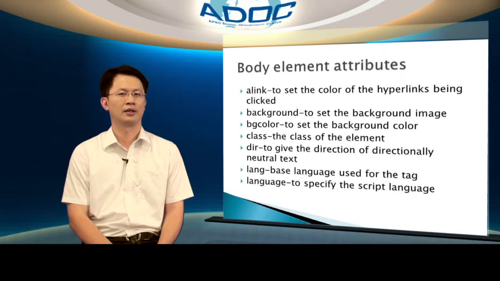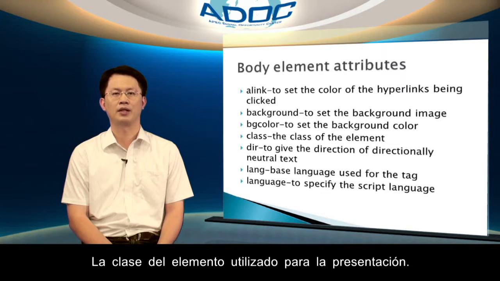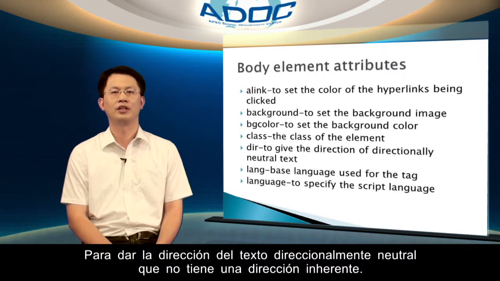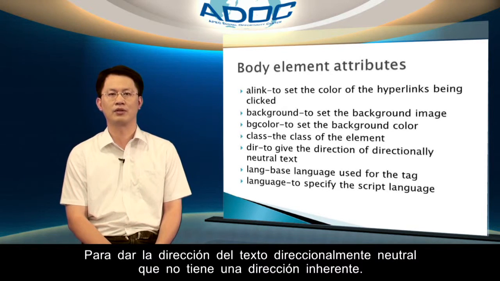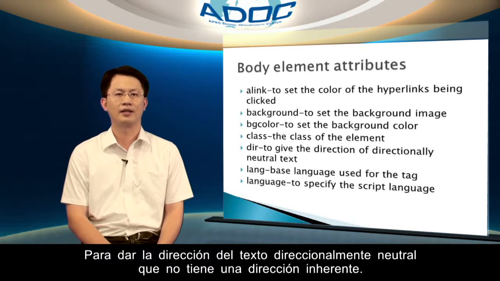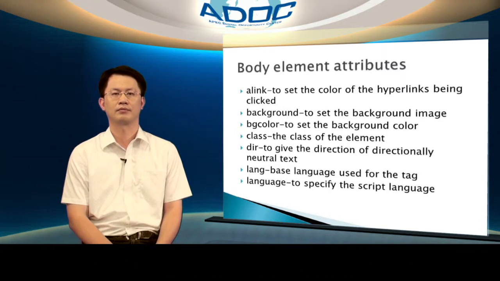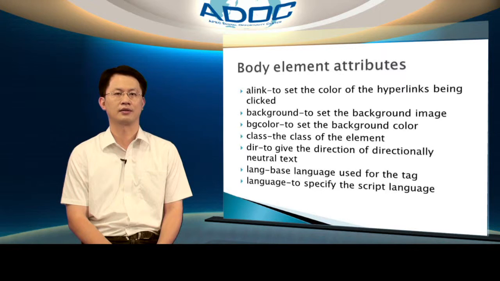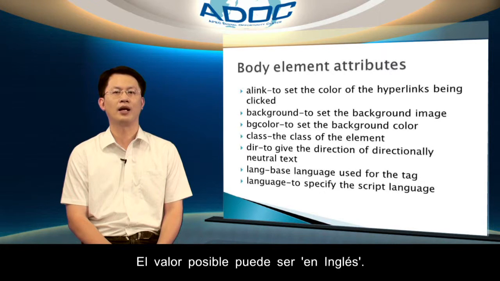Class, the class of the elements used for rendering. And dir, to give the direction of directionally neutral text that doesn't have an inherent direction. Lang, the base language used for the text. Possible value can be EN for English.